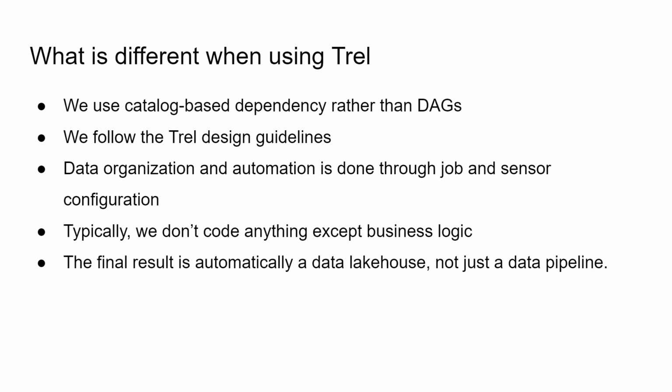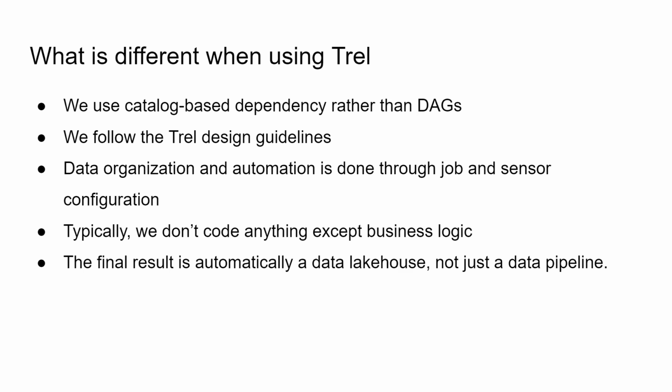Furthermore, jobs do not trigger jobs. Jobs are triggered by the presence of data in the catalog with certain specific combinations of classifications. So this is a pretty different approach from DAGs, and we'll see how this works a little more when we look at the solution design.